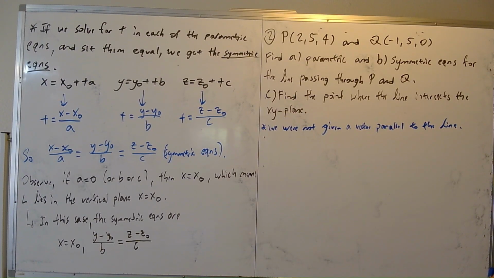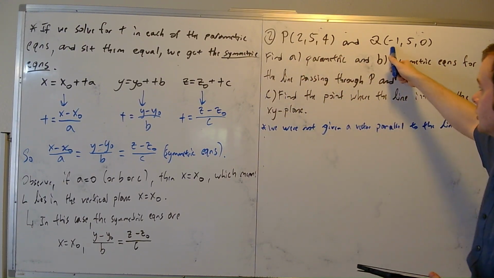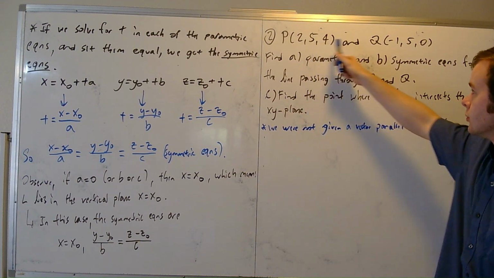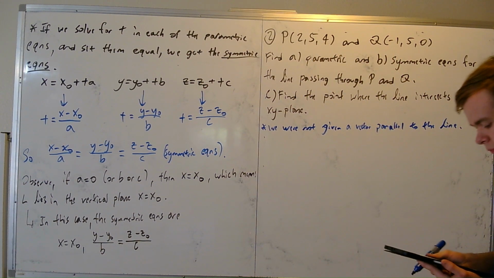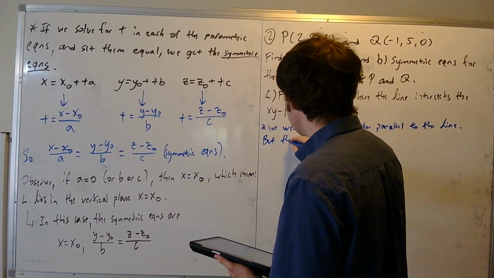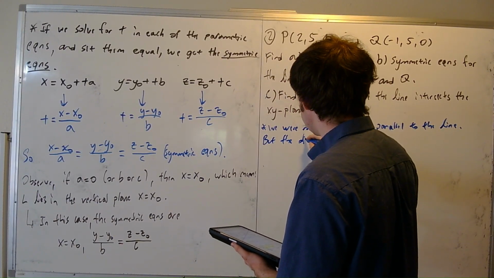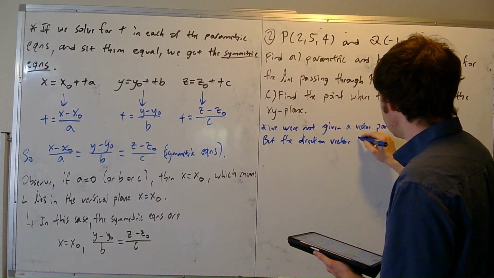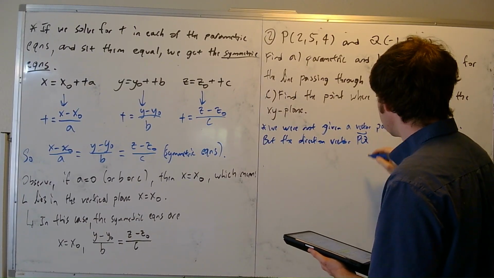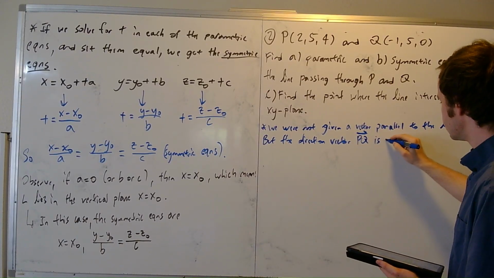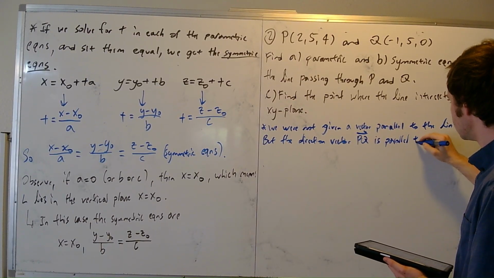But what we can say is, if we have a vector going from P to Q, then that's a vector that lies entirely on the line, so it should be parallel to the line. So what we can do is just find the vector from P to Q, and that can be our vector v. So I'll say here, the direction vector PQ, this is the vector from P to Q, is parallel to the line.